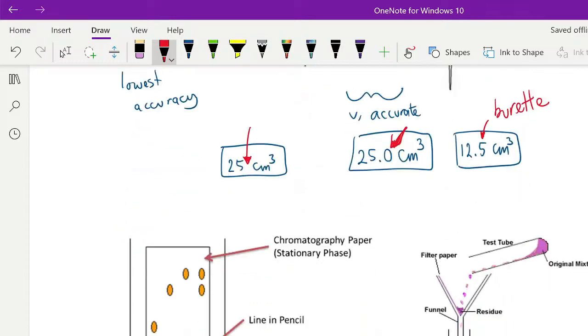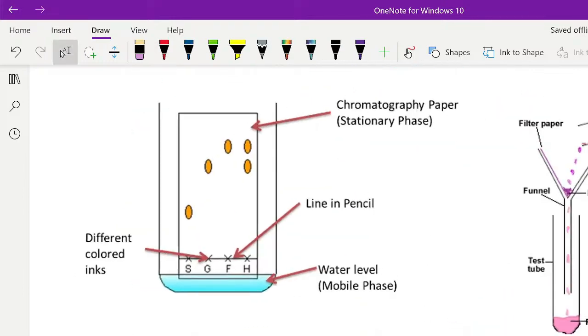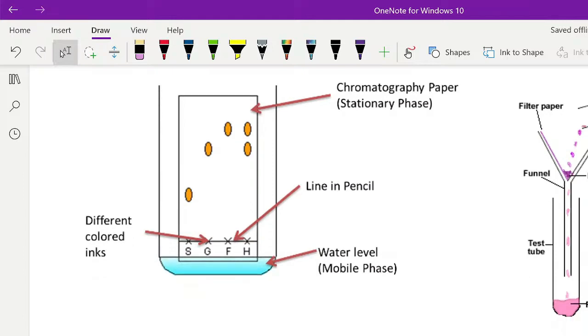All right, next one is chromatography. They may ask you to calculate the Rf value of a sample. Let's say calculate the Rf value of this dot here. You take your ruler and measure the distance from the middle of this point to the origin.